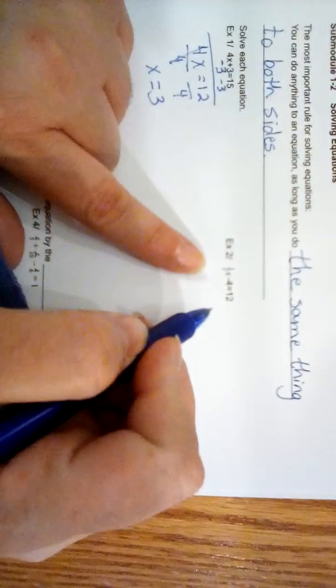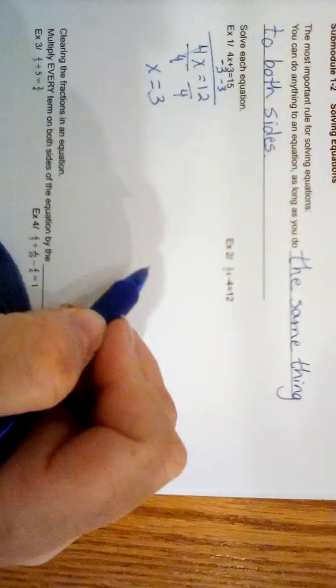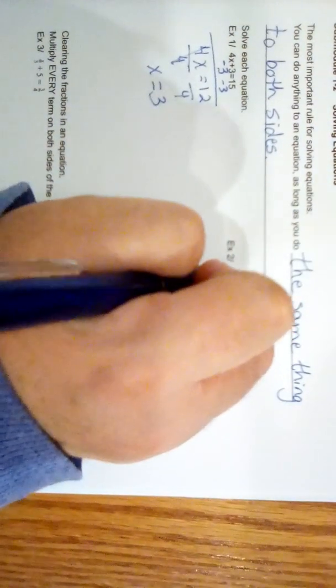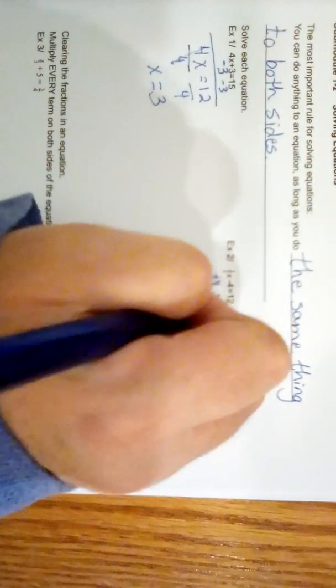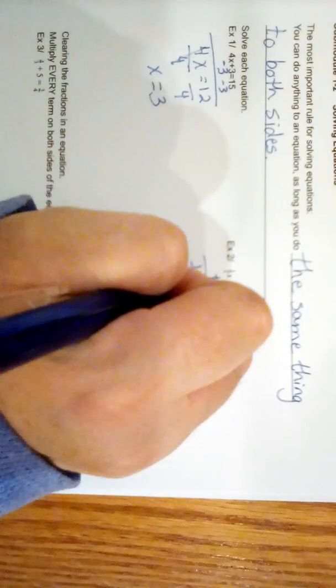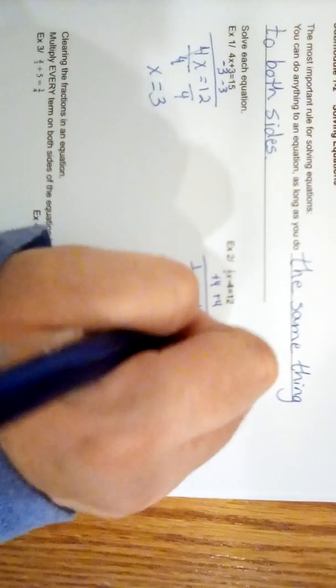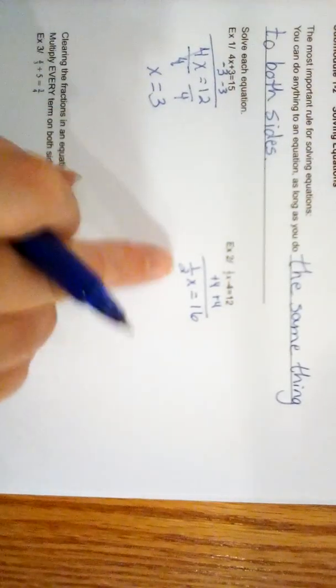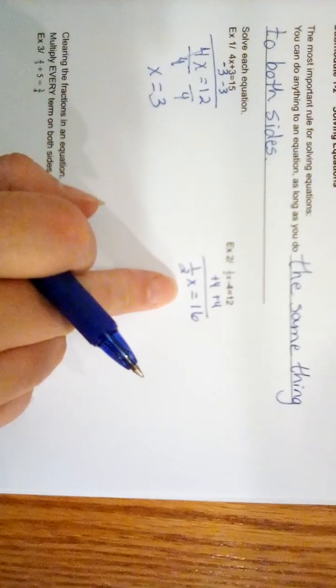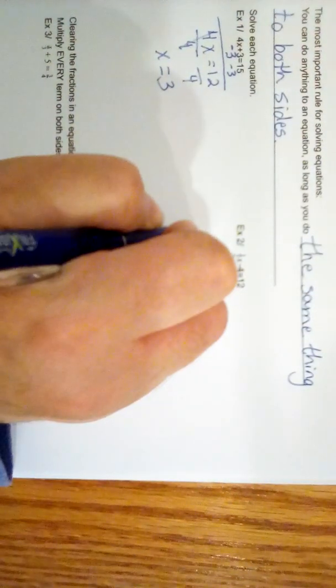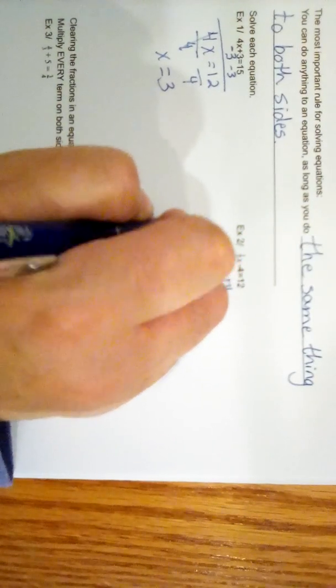Okay, example 2. We have 1/2 times x minus 4. So to get rid of the minus 4, I need to plus 4. Okay, so that's 1/2 times x, so I can divide by 1/2, or I can multiply by 2/1.